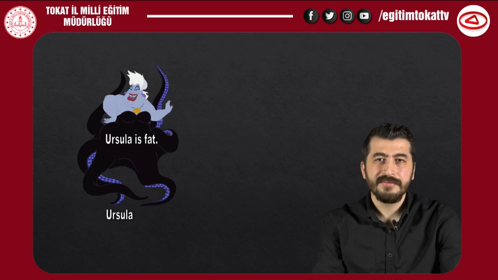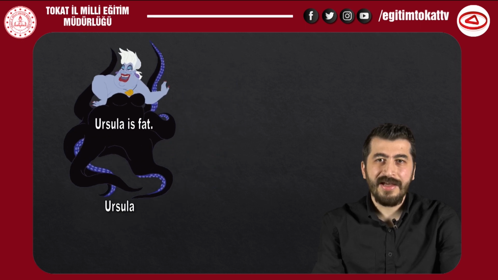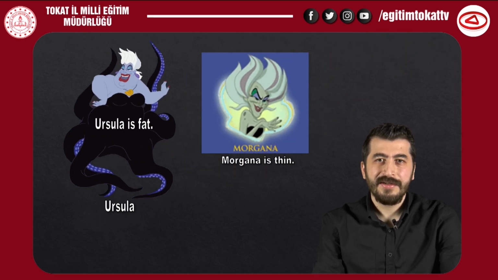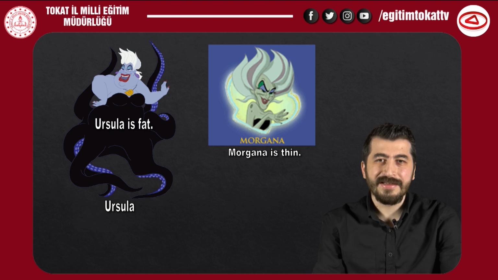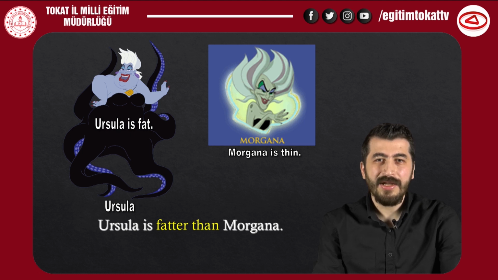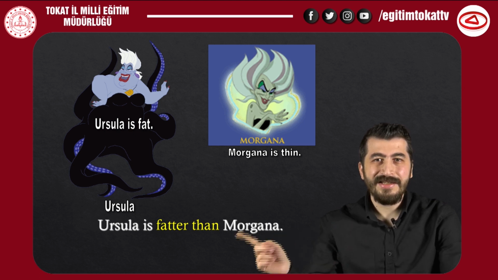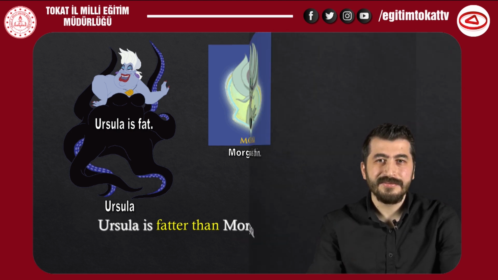Ursula is fat and Morgana is thin. Let's compare. Ursula is fatter than Morgana. What about thin? Morgana is thinner than Ursula.